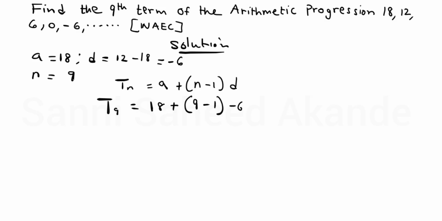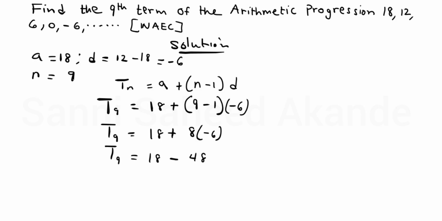Is that understood? Okay, so our T9 will now be equal to 18 plus 9 minus 1 is 8, then 8 times minus 6. So we have T9 equal to 18, then this minus times plus will give us minus, the 8 times 6, that is 48.